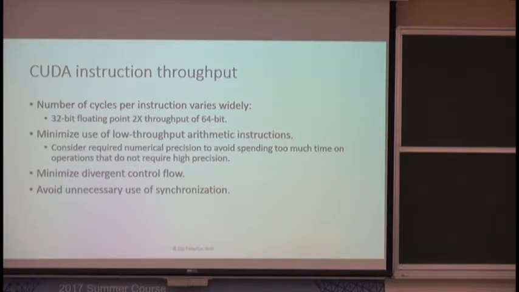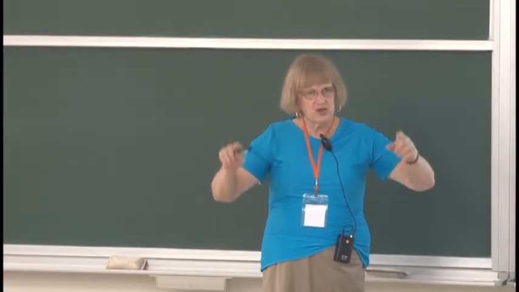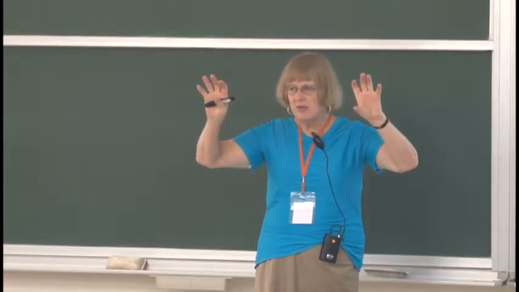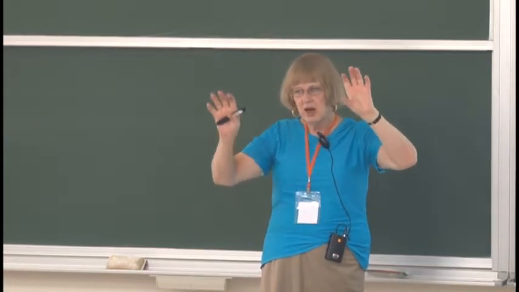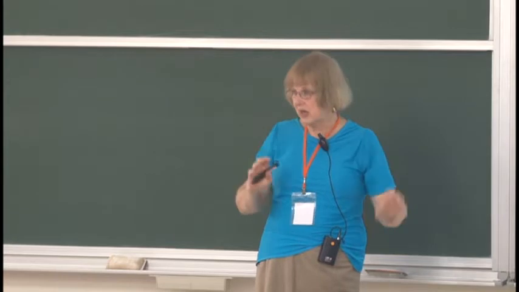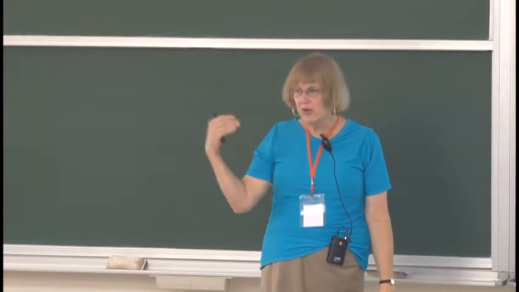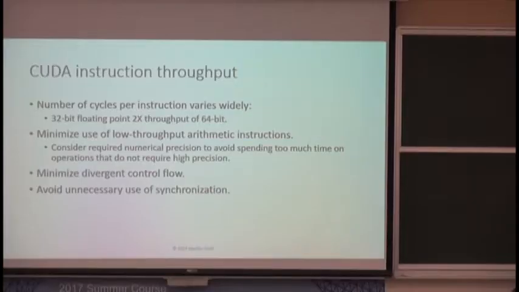And what does that mean for our threads and for our warps? That means that different branches do very different types of operations. It may take different amounts of time to finish, which means that the different threads can be unsynchronized. That means some of them are going to wait while the longer execution paths finish.